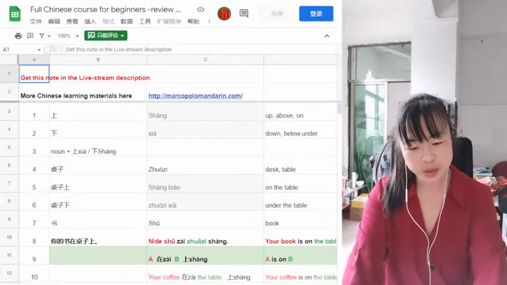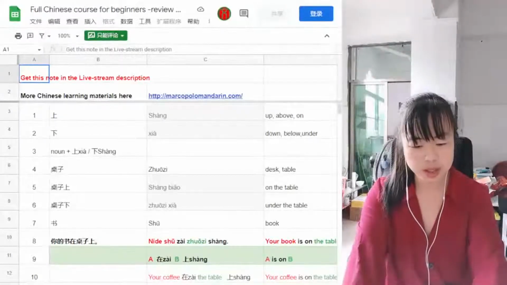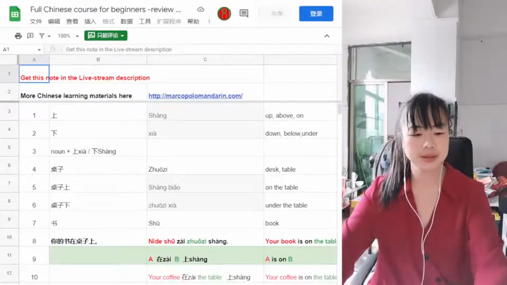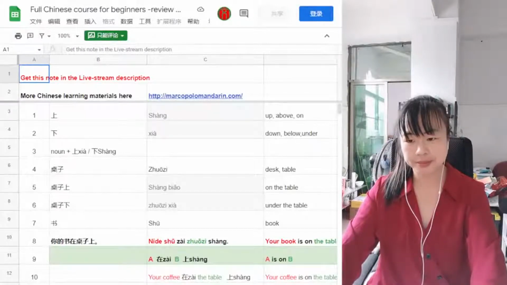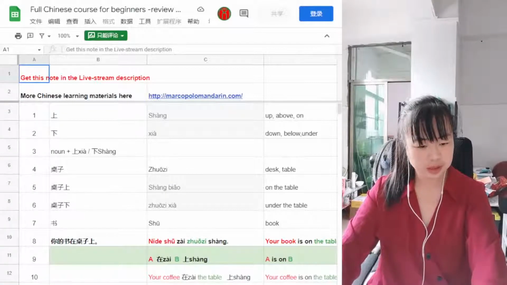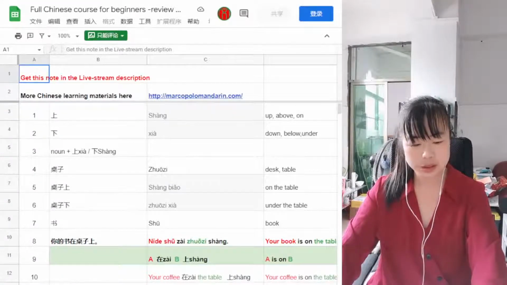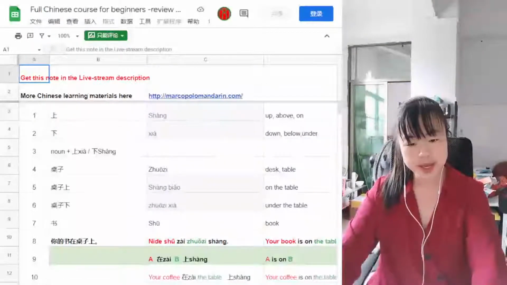Instead, mostly we use 左边 or 右边. And the pattern is exactly the same. Okay, 左边, 右边.